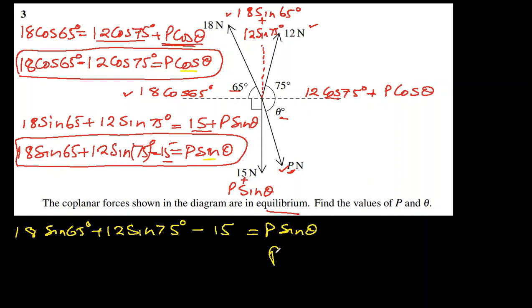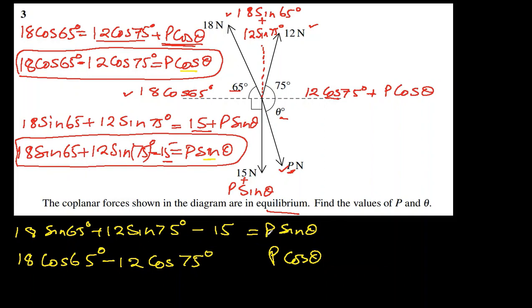And just below this, I will write P cos theta, the first equation. It should always be sine and cos in this way, sine on top, cos at bottom. There is a reason for that, I will just tell you. 18 cos 65 degrees minus 12 cos 75 degrees.